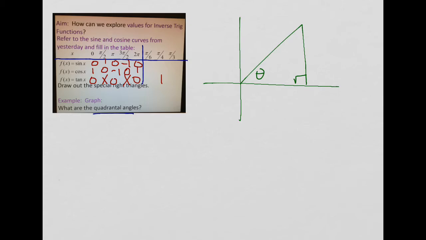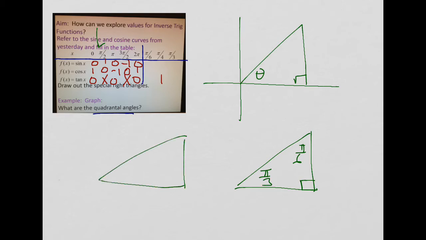So across, there's theta, there is our right angle. We actually put in some angles here. So this is 90. We do not evaluate 90 degrees, which is pi over 2, from our special right triangles. So we do evaluate pi over 6, pi over 3, and pi over 4 from our special right triangles.